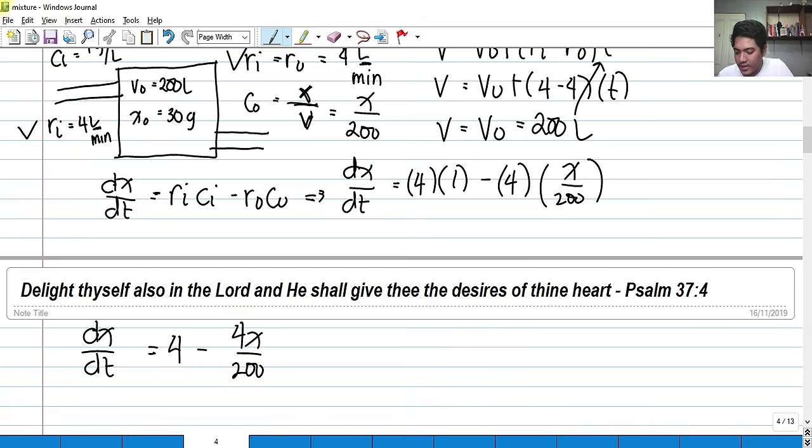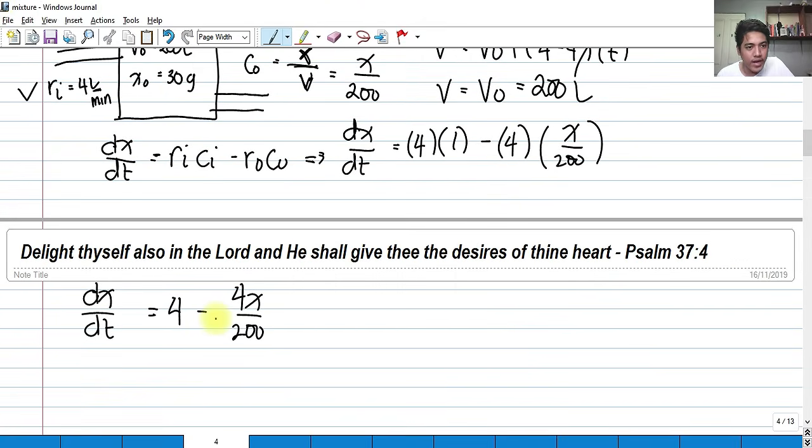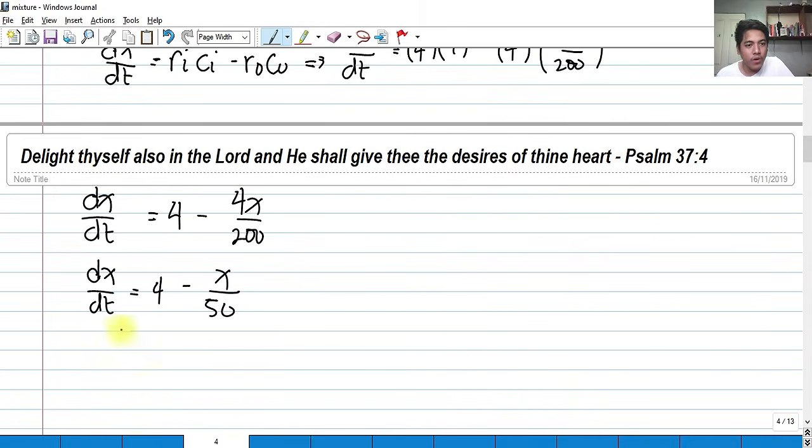So that is our differential equation. Furthermore, we can simplify this: 4x over 200 is x over 50. So we have dx over dt is equal to 4 minus x over 50, which is 200 minus x over 50.